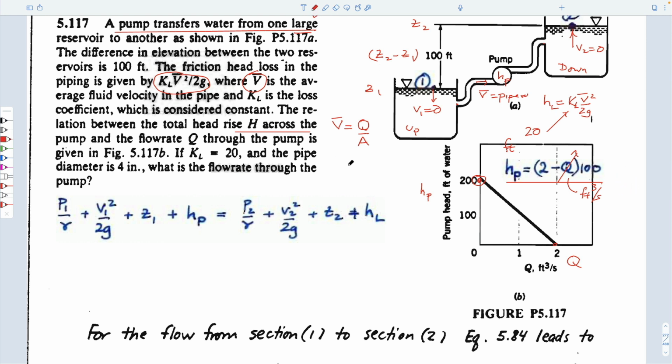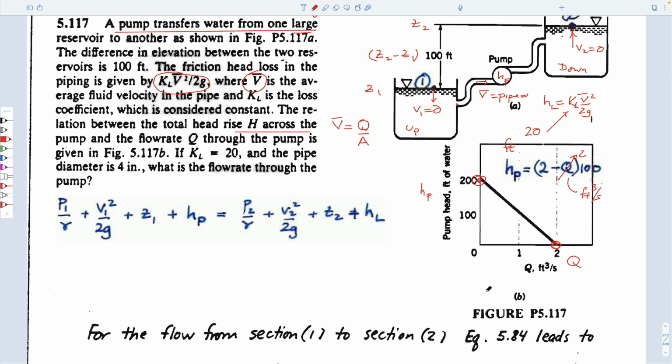But sometimes you have to be careful with your units. And I guess I digressed that when Q is equal to 2, then the pump head is equal to 0. So you recover these 2 points from this equation, but you also recover all points in between. It's just the equation of a straight line.